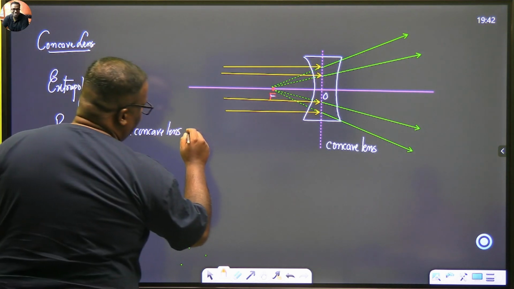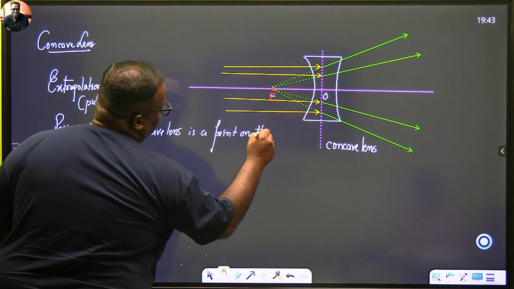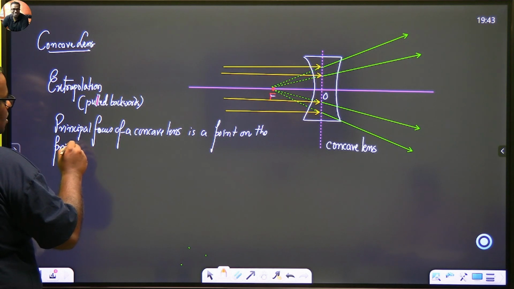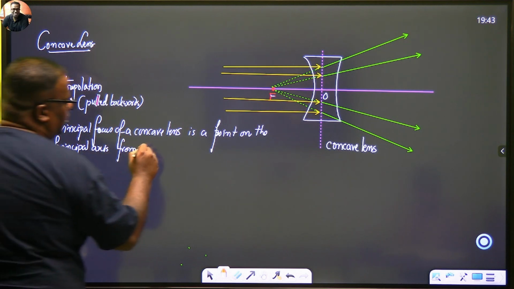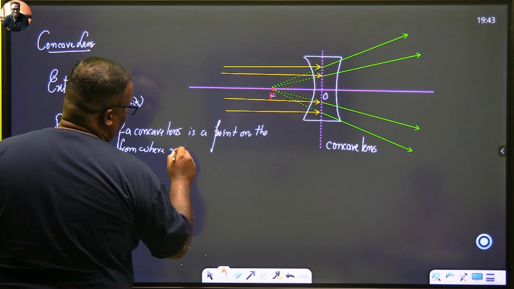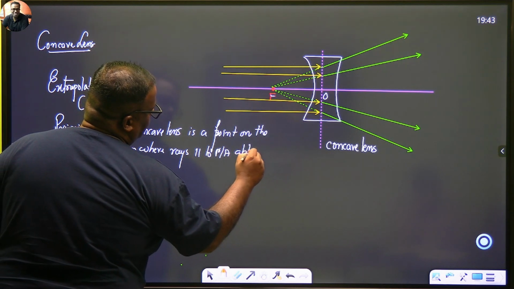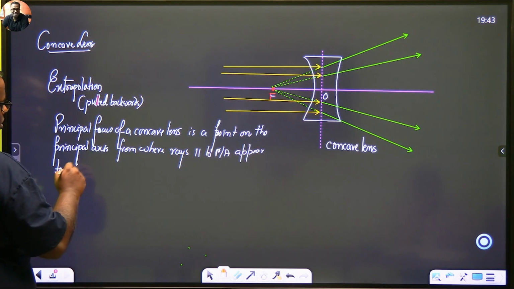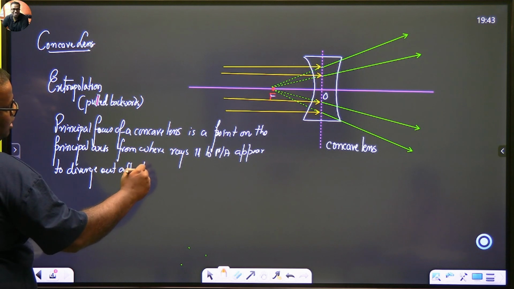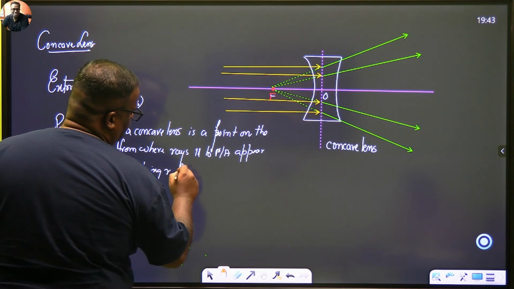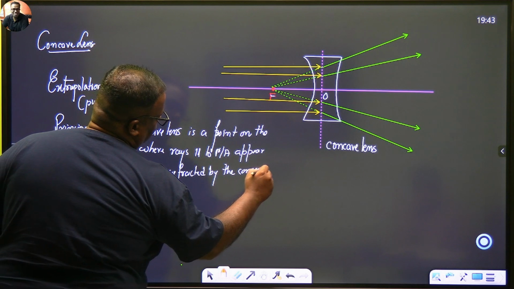The principal focus of a concave lens is a point on the principal axis from where rays parallel to principal axis appear to diverge out after being refracted by the concave lens.